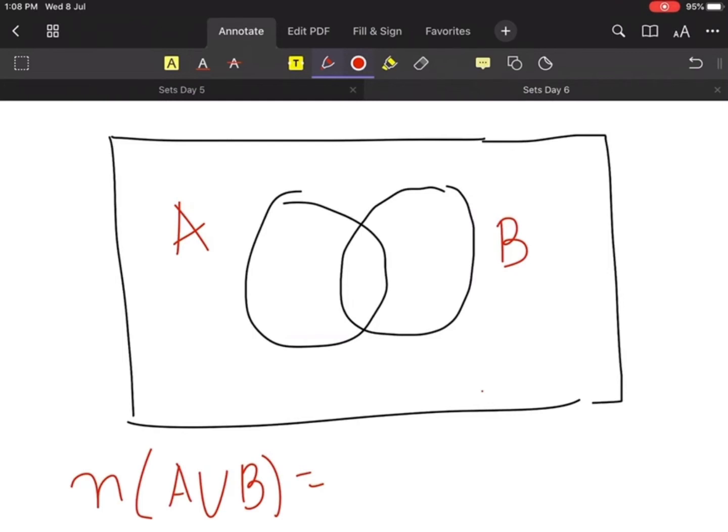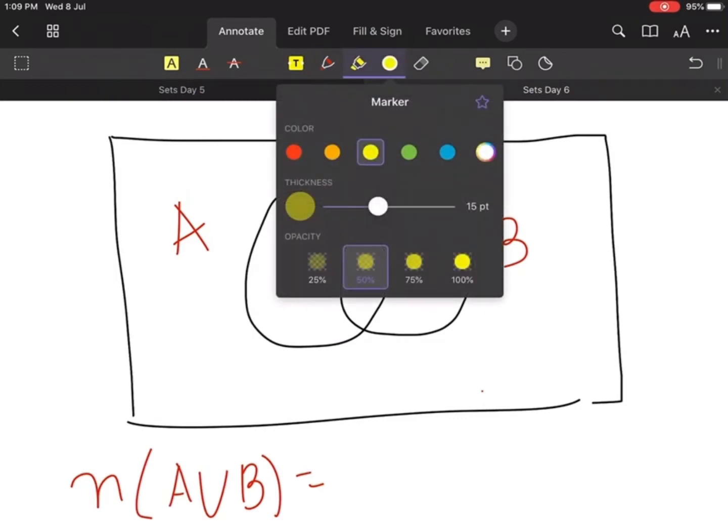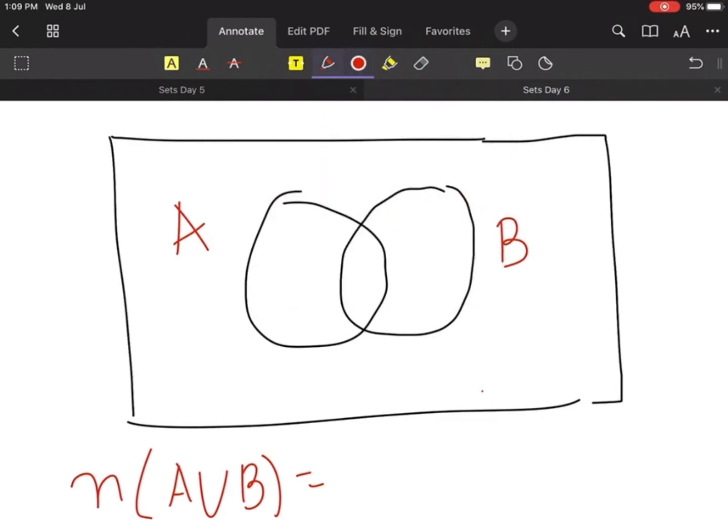Now we have a problem. What problem? The problem is that they have some common region in here, right? So when I count, now listen very very carefully. If I write number of elements of A, understand this one.